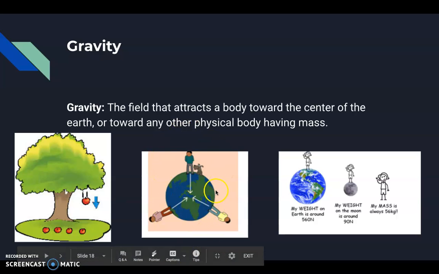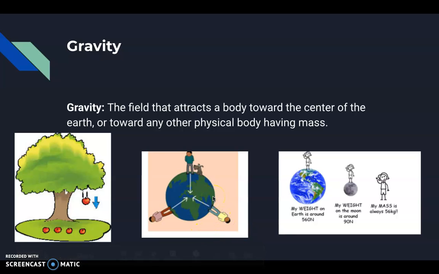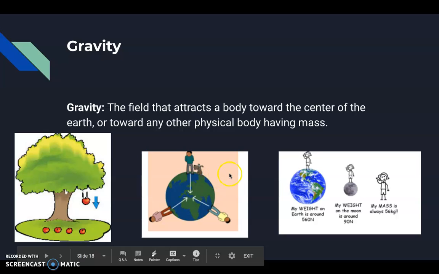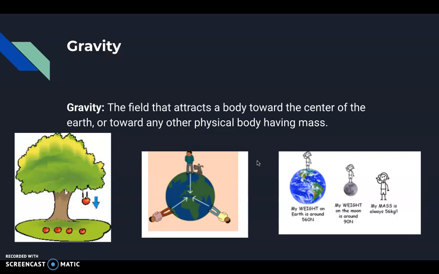What this visual represents is exactly what's happening to us right now. Our Earth has such a large mass that it's constantly pulling us towards the center, which is a good thing because otherwise we would be floating up into space. There's always this attraction between objects that have any mass.